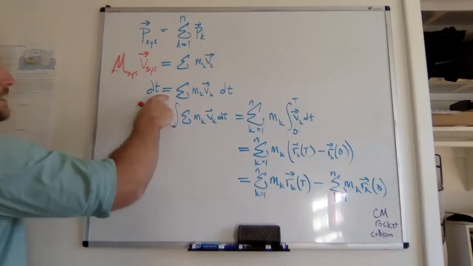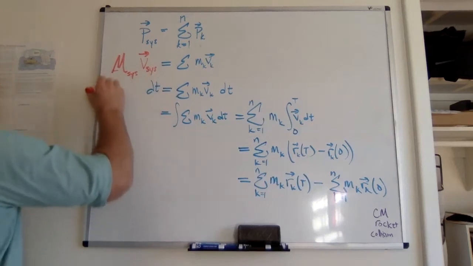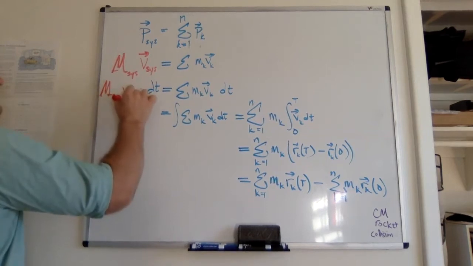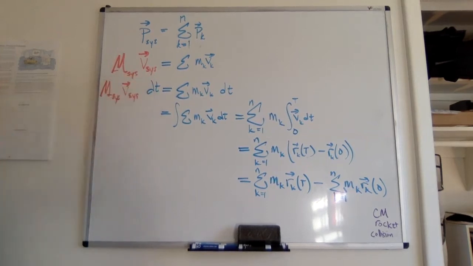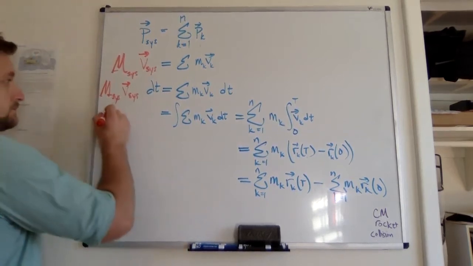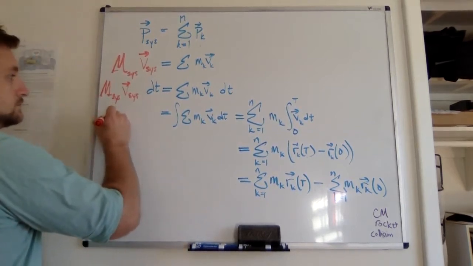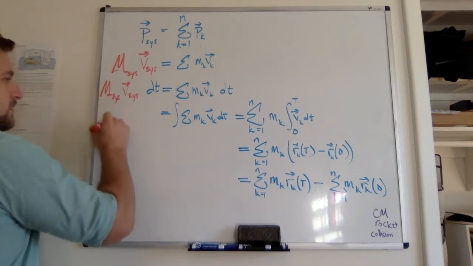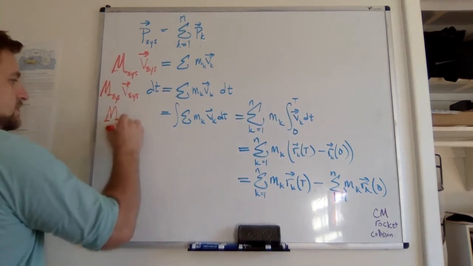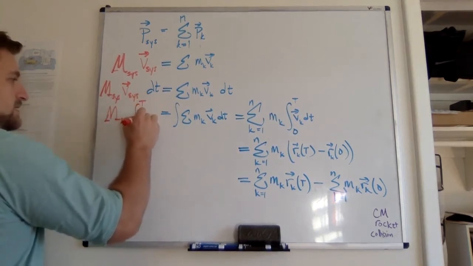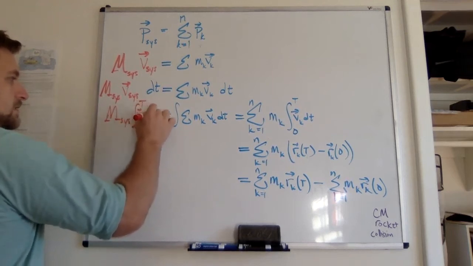From this line to this line, we multiplied by dt, so I'll just bring everything else down. M system, V system, and then in the next line, we integrate it. We're going to end up integrating M system times the integral from 0 to T of V system dt.